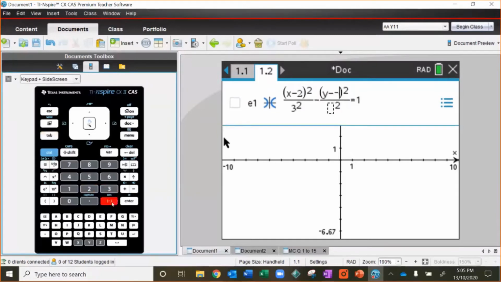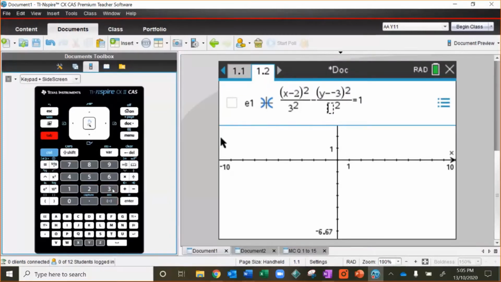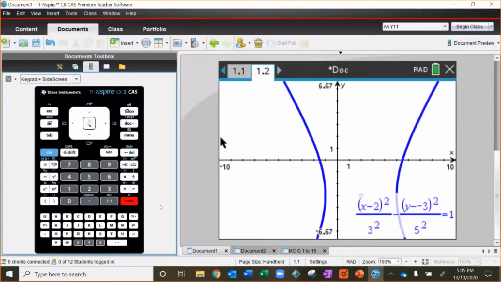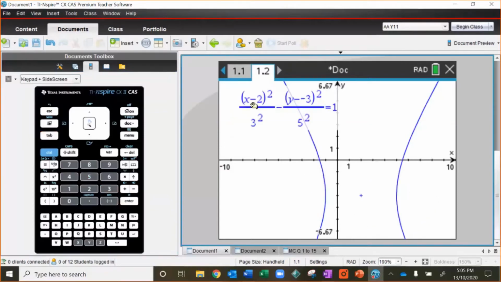Therefore, we need to go minus 3 there. And then it was 25, which is 5 squared. And then we enter, and we get our hyperbola.